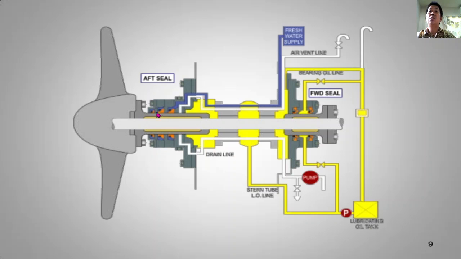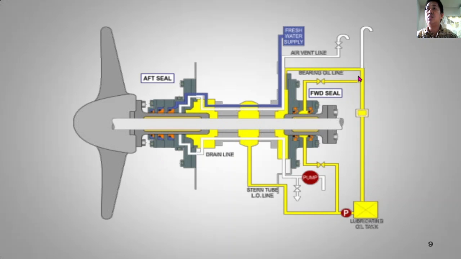This is your aft seal and this is your forward seal. The forward seal is located at the engine room, and your aft seal is located near the rudder trunk. You have a rudder here, and this is your propeller shaft. This is the aft seal.